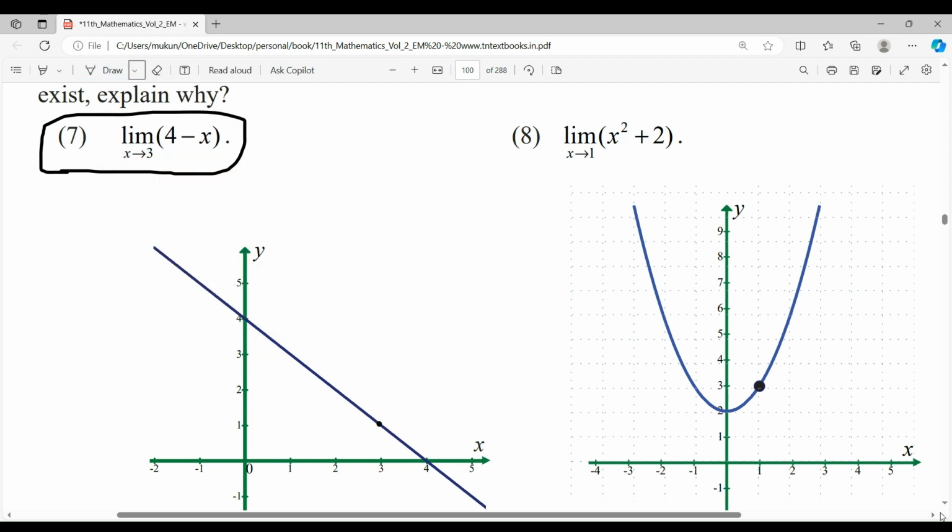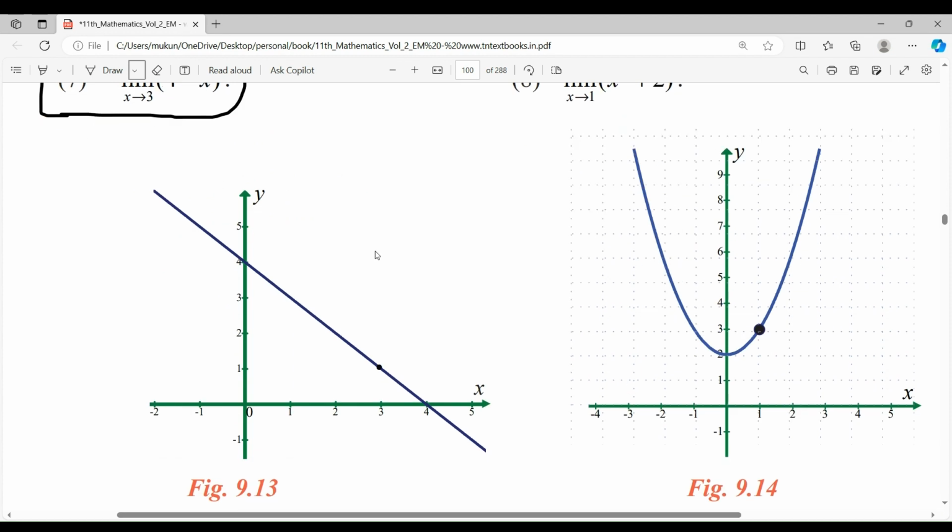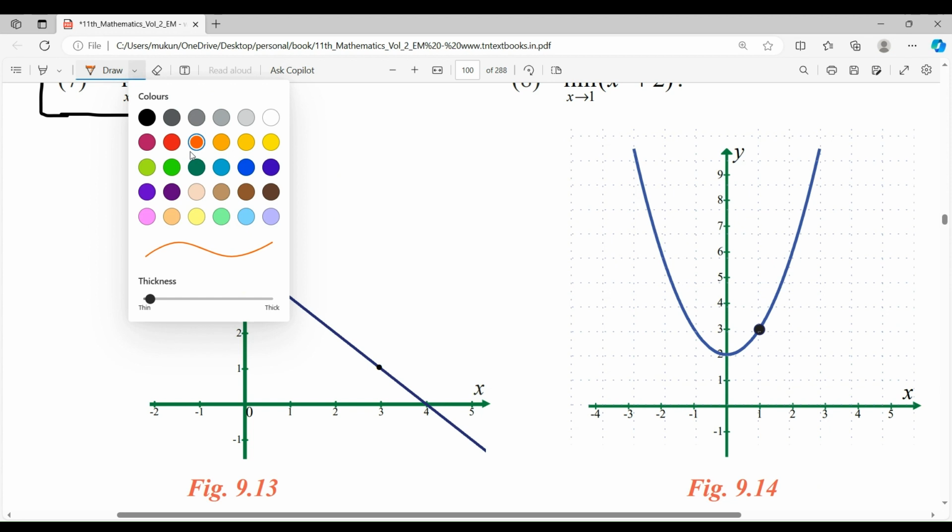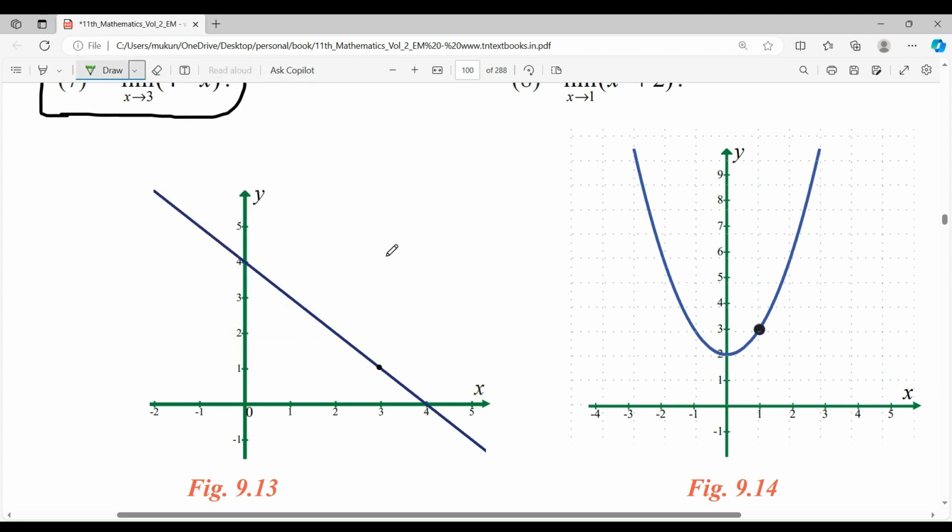And you have the graph in front of you on your left. When we look at this graph as x tends to 3, we've been asked to find if there is a limit, and the graph of this function is 4 minus x.